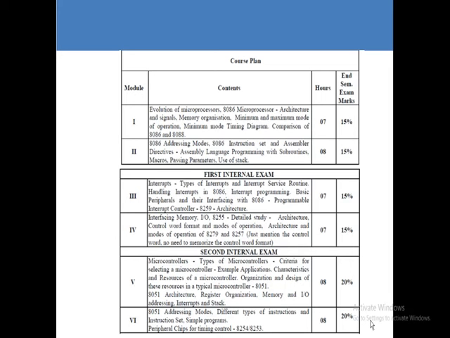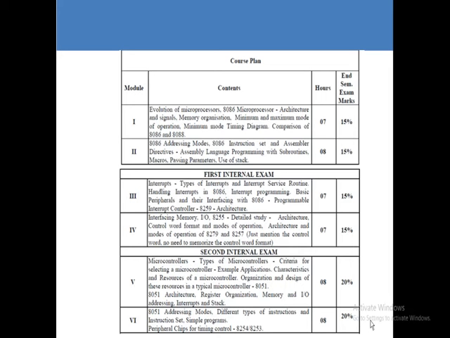The fourth module mainly deals with interfacing with memory, how processors interface with I/O devices, and how they interface with external devices.